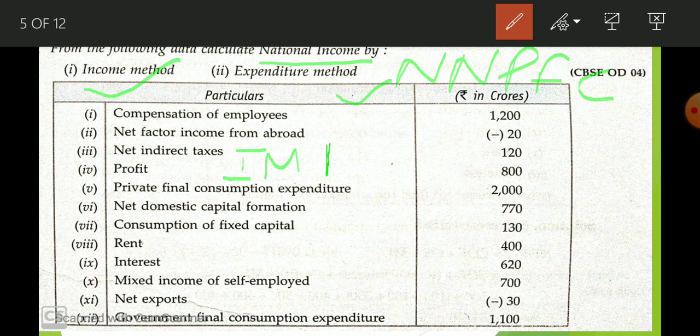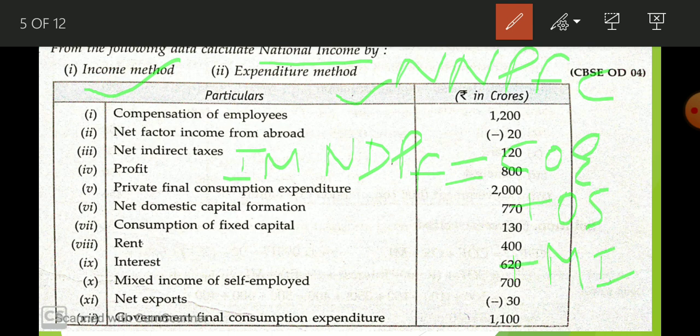Okay, so when we are using income method, what do we get? We get NDPFC. How do we get it? When we add COE plus OS plus MI, that is, mixed income. Okay, now compensation of employees is given 1200. Operating surplus is not given directly, so operating surplus is the sum total of rent, interest and profit.